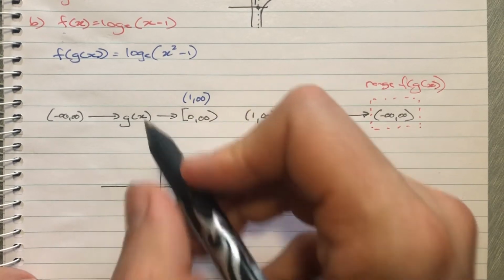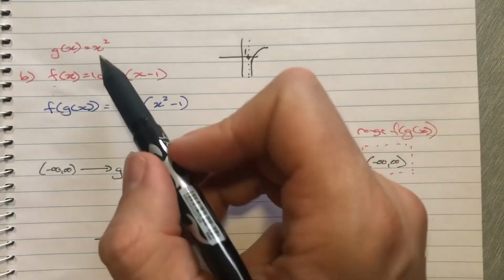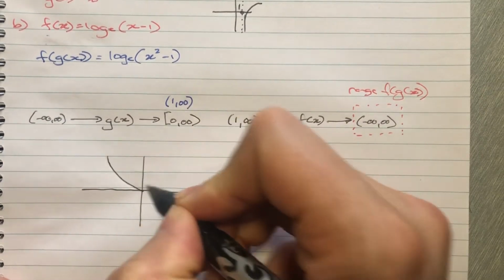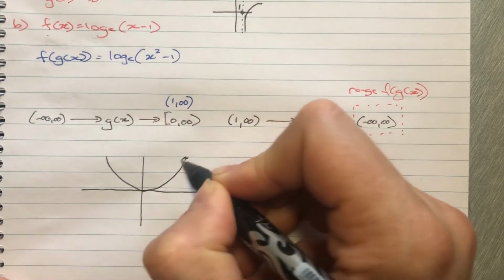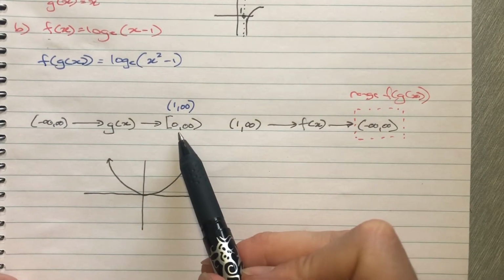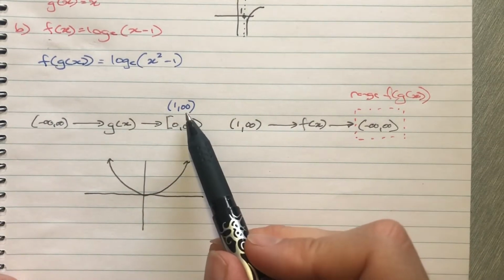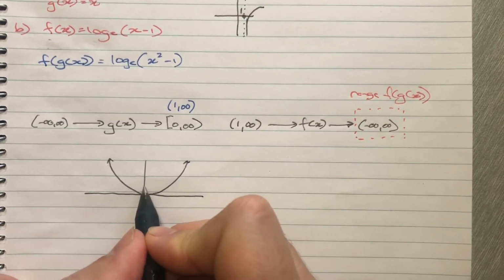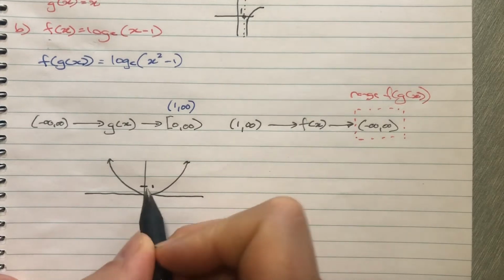We're talking about the rule g, which is this parabola. So there's our parabola again. Now the range was from 0 to infinity, except that didn't work, did it? So we changed it to 1 to infinity. So the new range is going to be from 1, which can be about here, all the way up.